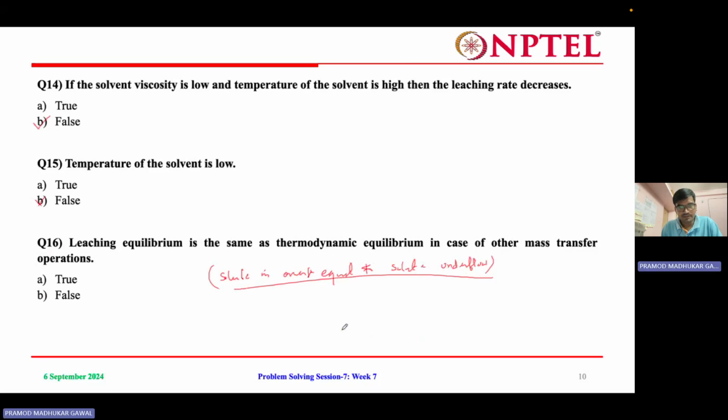So this happens at equilibrium in a leaching process, unlike liquid extraction.